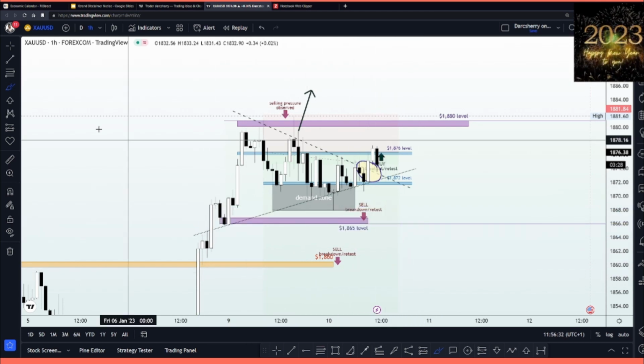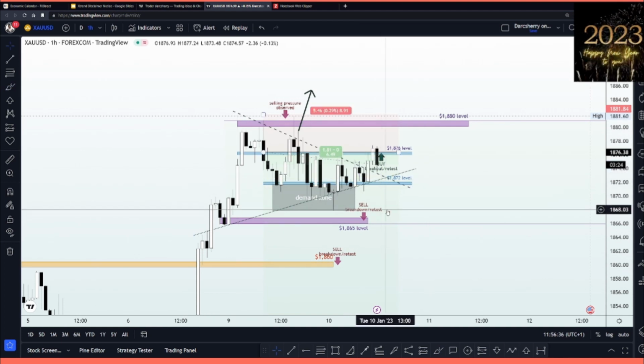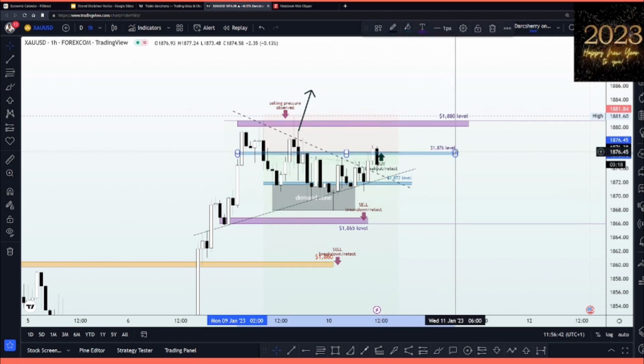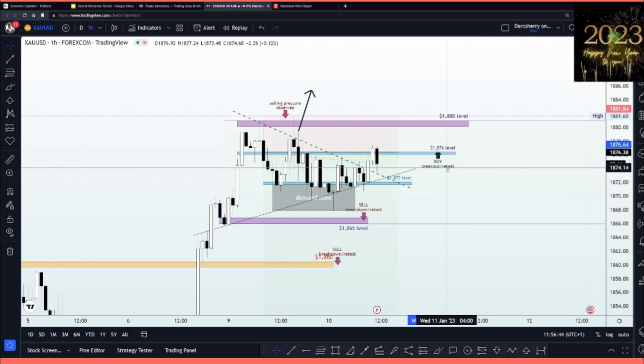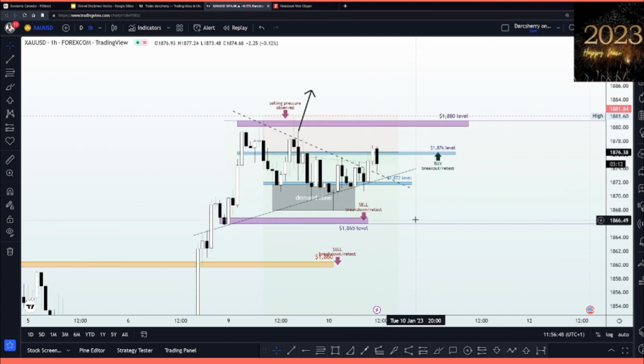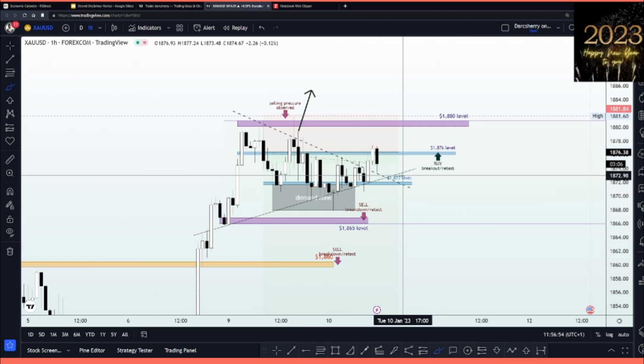With this situation, things are looking a little bit bullish for the XAU USD, so we might be anticipating to buy the XAU USD if price action breaks out of the $1,876 level, which I've been able to identify here. So let's see what happens if price breaks out of the 1,876 level. Then we want to be buying the XAU USD.